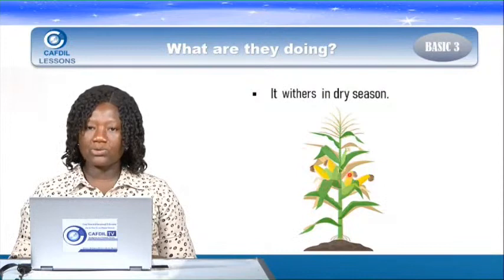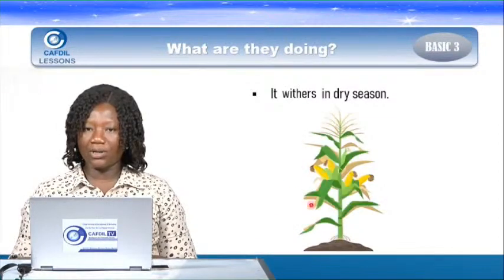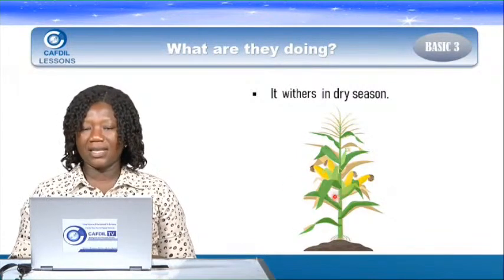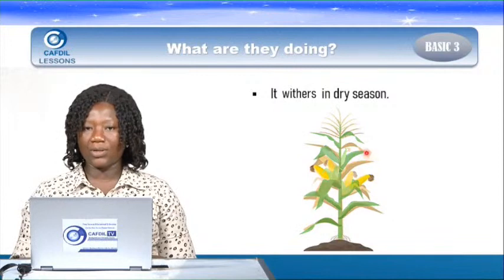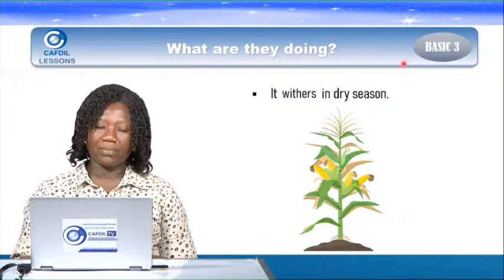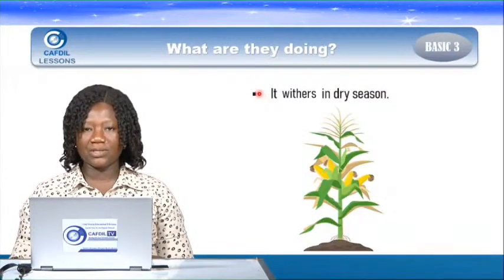So we want to describe this action that is going on the plant. So we can have a sentence using it to talk about the action going on in the picture. We want to talk about the leaves, what is happening to the leaves.